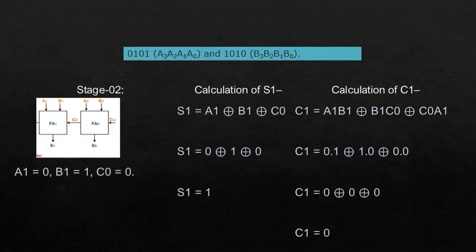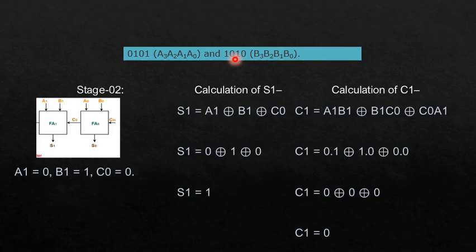Now we proceed with stage 2. In stage 2, A1 is equal to 0, B1 is equal to 1. When C0 is fed as input to the full adder B, it activates the full adder B. Then at full adder B, we have A1 equal to 0 and B1 equal to 1.